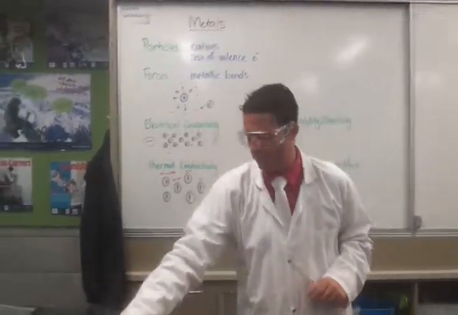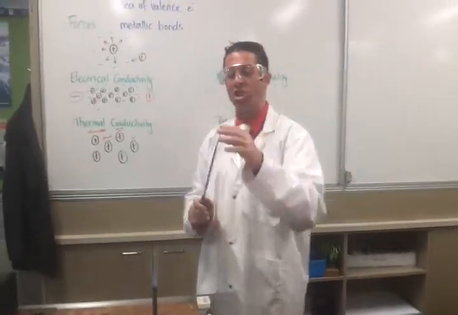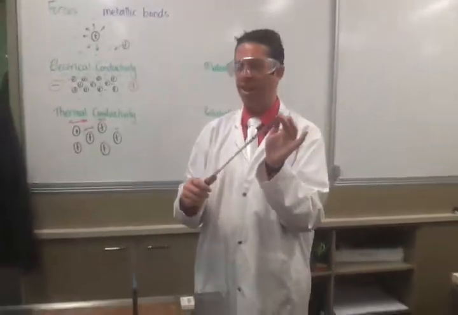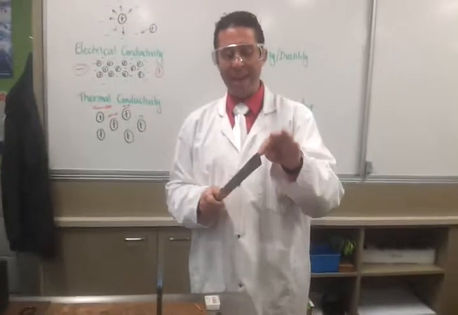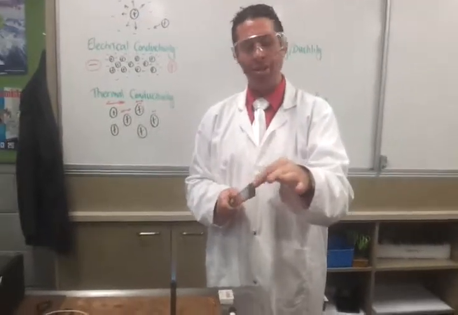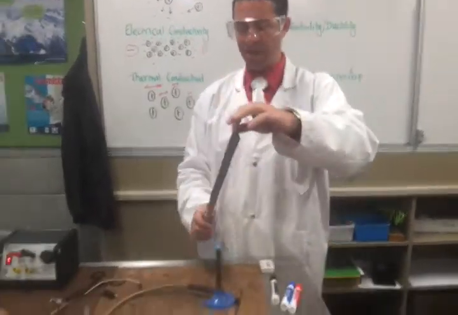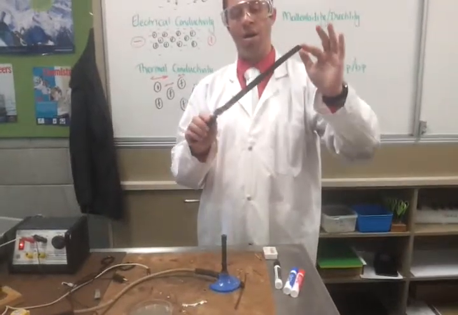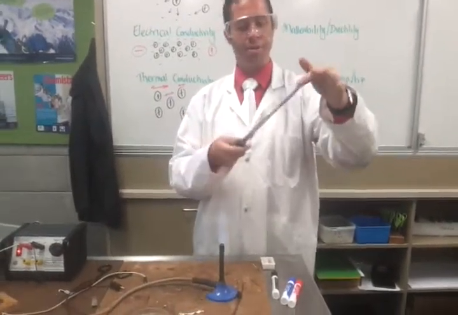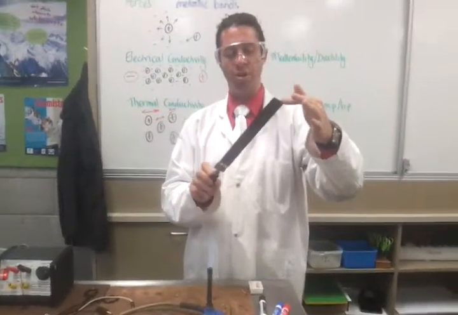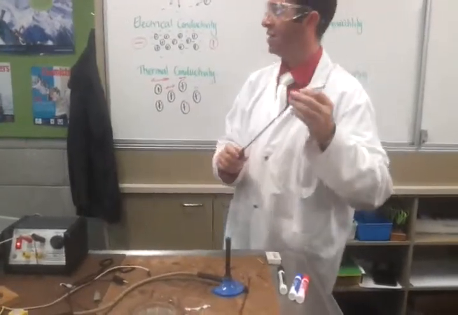The last thing I want to show you very quickly is this. I've got two metals bolted together, just to show you that not all metals are created equal. If I heat it, they're both going to get the same amount of heat energy, but we should get an interesting observation. I'm not 100% sure, to be honest. It's so tarnished that I can't tell anymore.